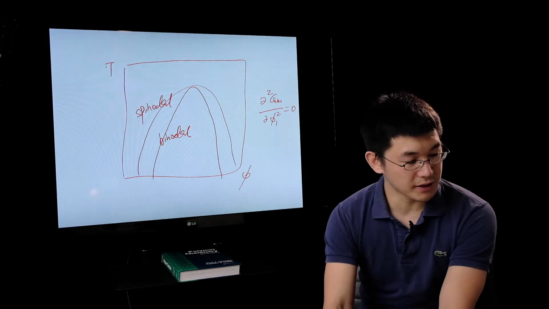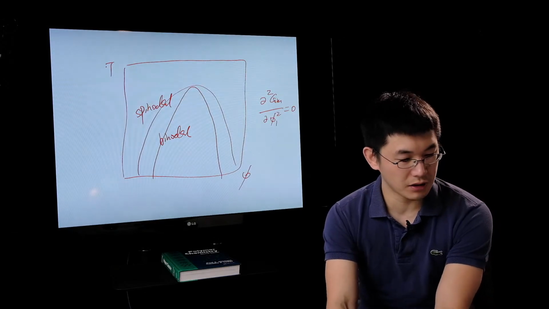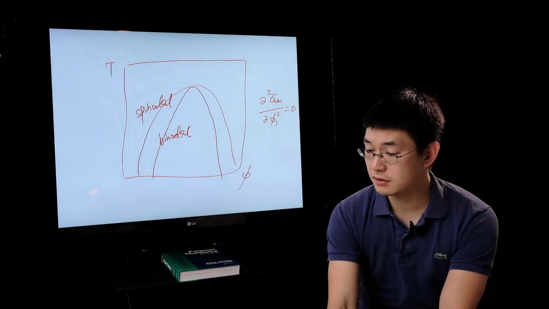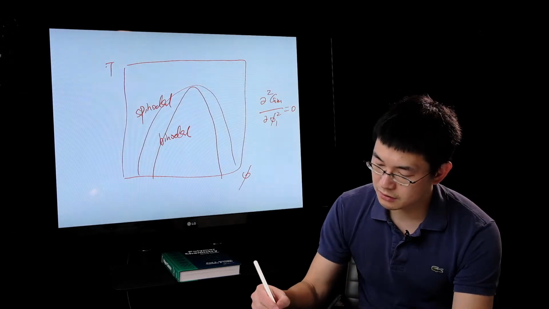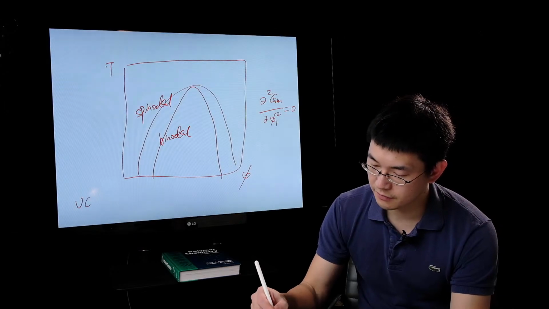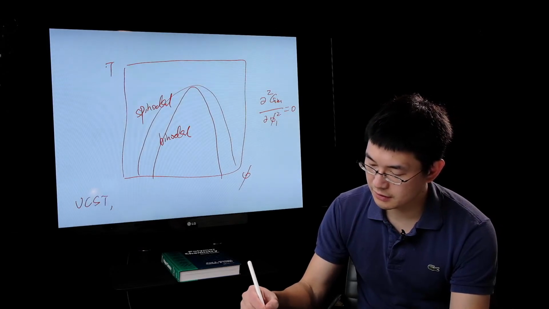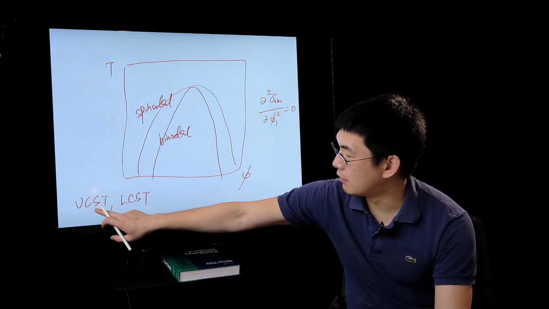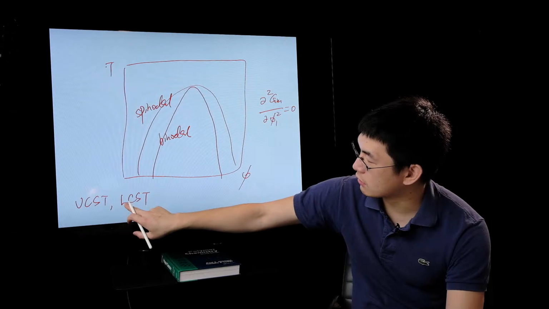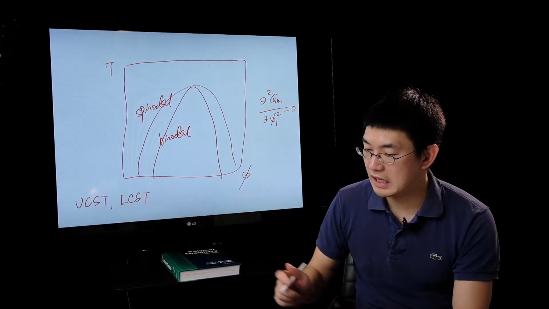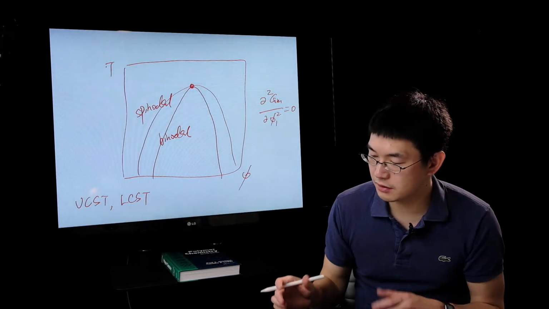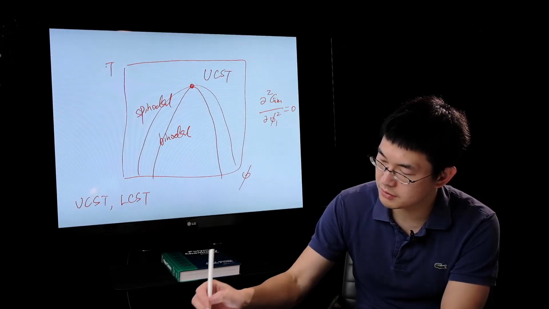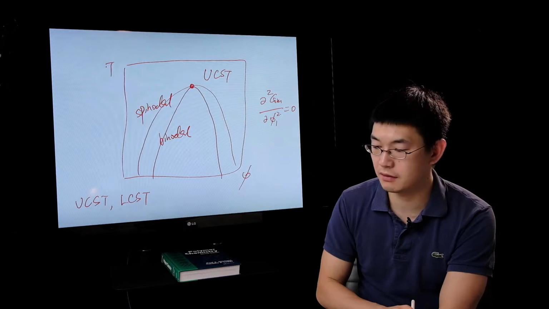Okay, there's one more thing that we discussed throughout the lecture, which is UCST and LCST. You guys need to know the definition between these two. One is called the upper critical temperature and the other the lower critical temperature. In this case, because the critical temperature is happening at the top, it's UCST behavior.